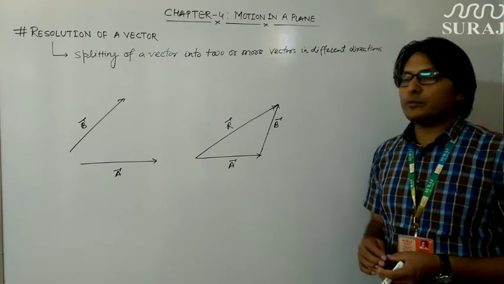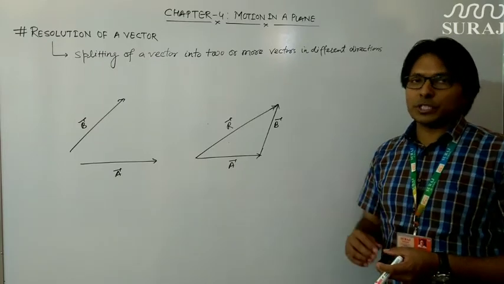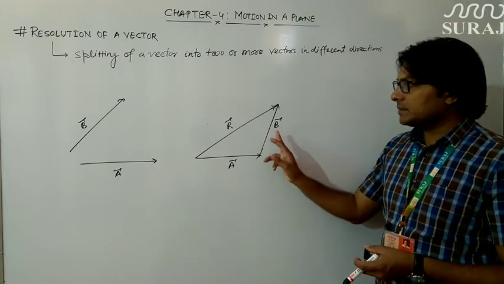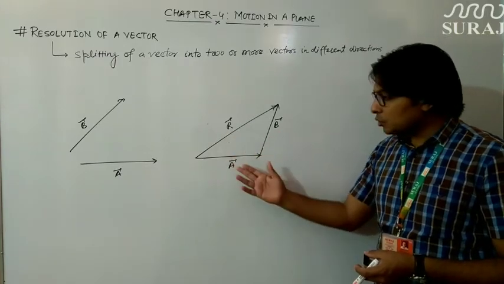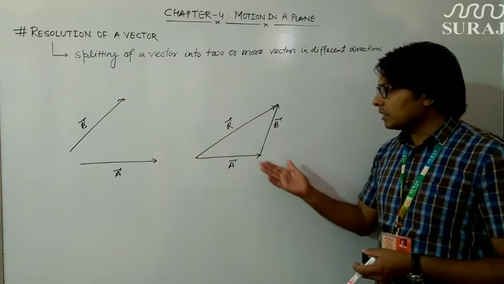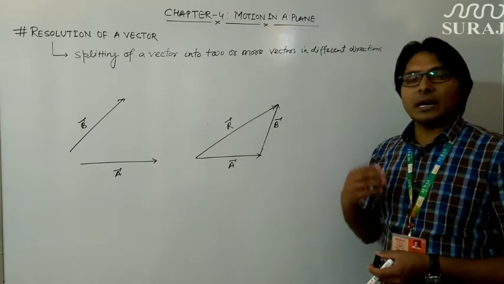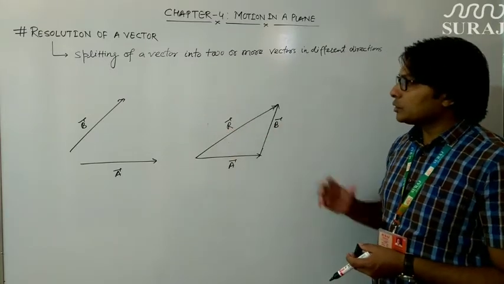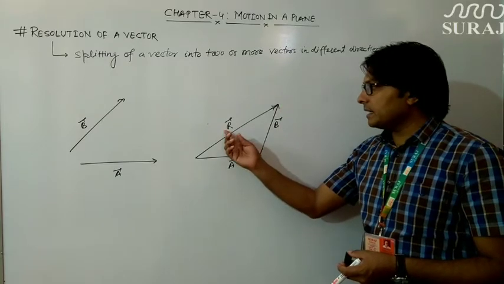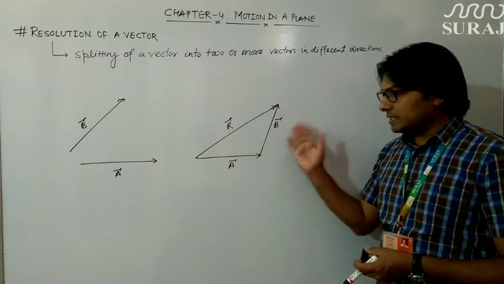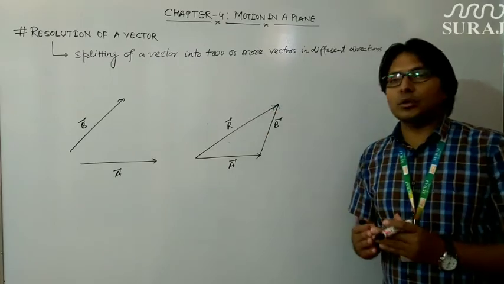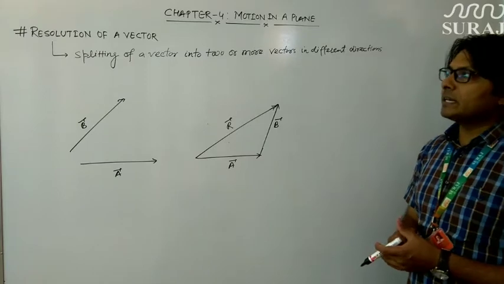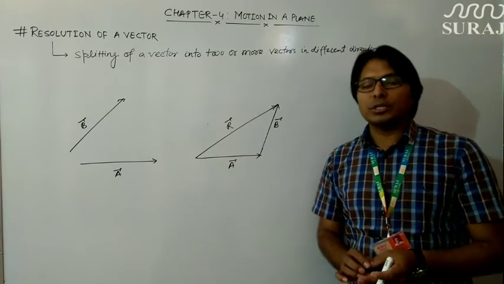Means the resolution of a vector is just the opposite process of combination of two vectors. Since r vector is the combination of a vector and b vector, these a vector and b vector are known as component vectors of r vector. So writing a vector into its components in different directions is known as resolution of a vector. This is how we can understand the concept of resolution of a vector.